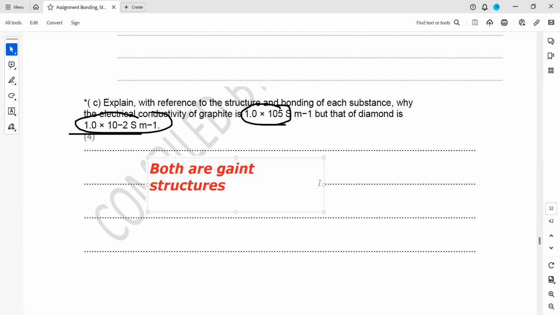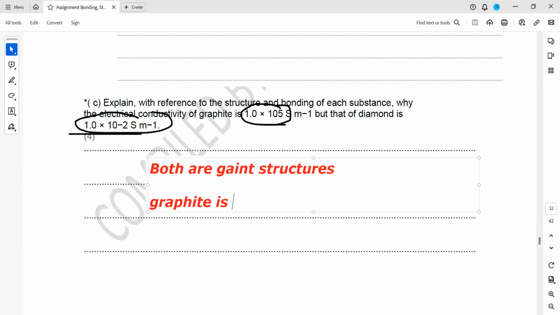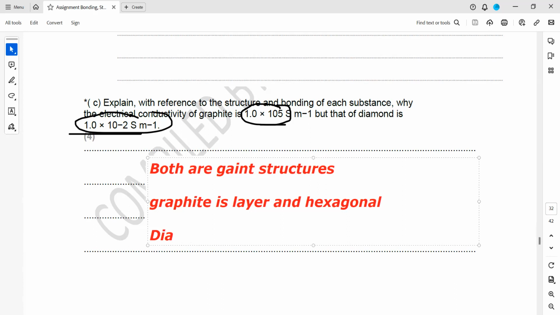And in graphite, each carbon has a layer and hexagonal structure, whereas diamond is tetrahedral.